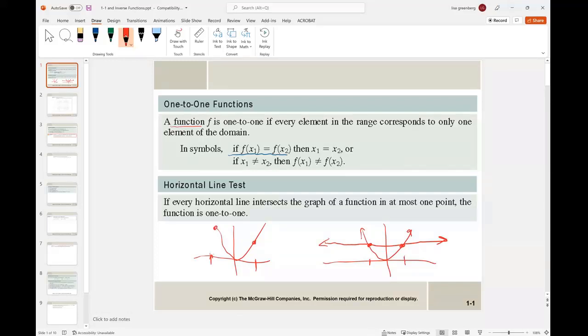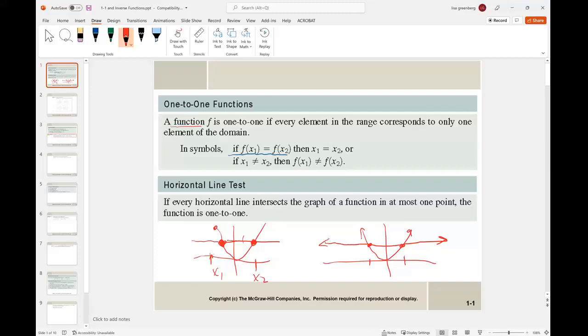Okay, that the parabola passes the vertical line test. But now, if I say y equals 1, I have 2 points here that are different x values, right? So it doesn't pass the horizontal line test because two different x values are giving me the same y values.